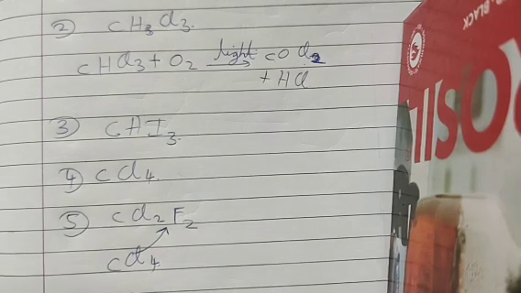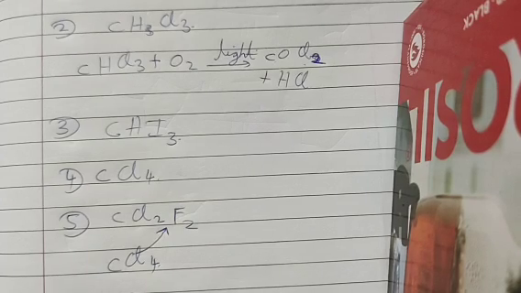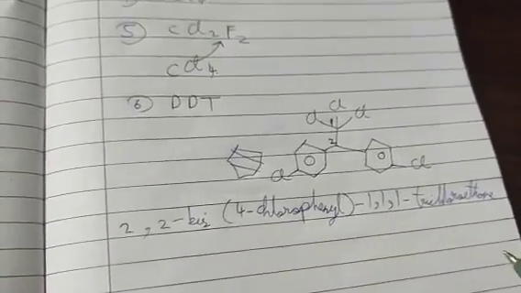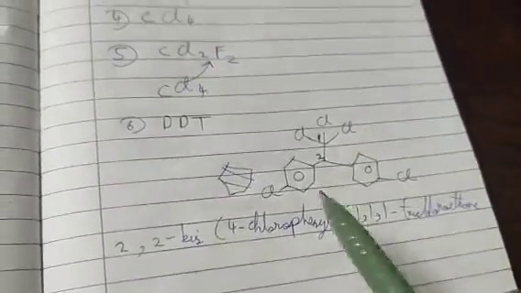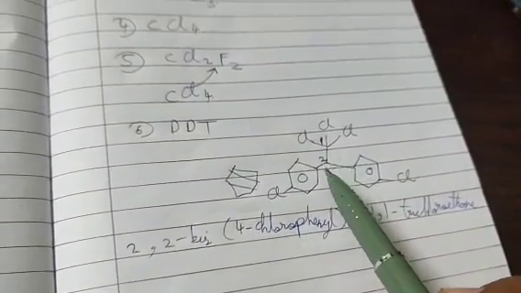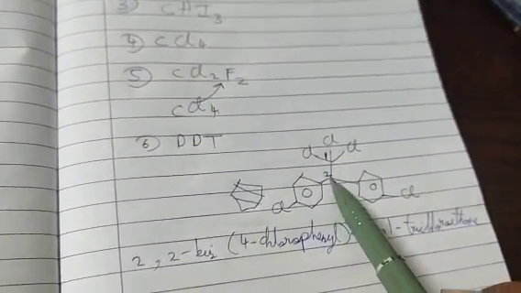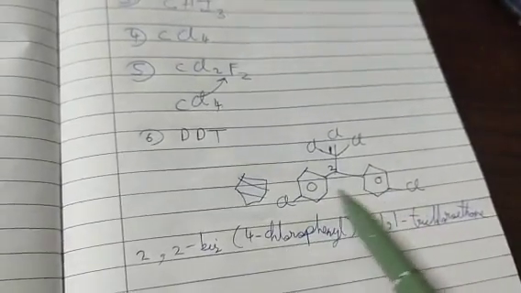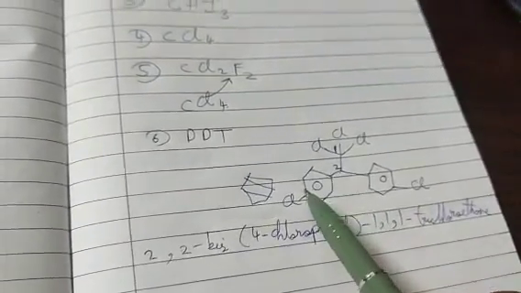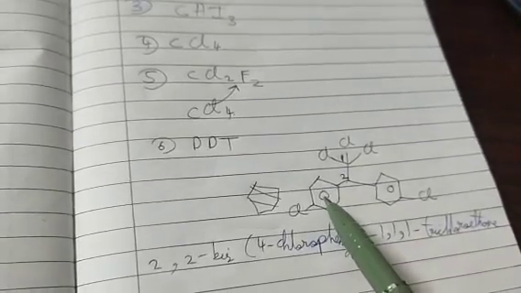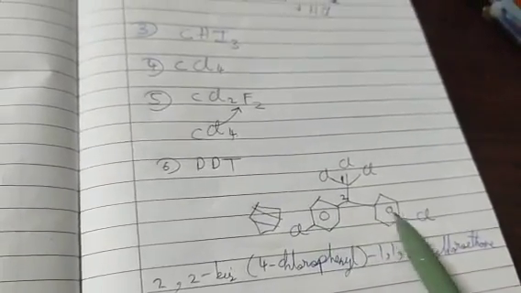Now we'll see the structure and the IUPAC name of DDT. This is ethane, 1 and 2, so 2,2-bis, meaning two are there, and in the bracket 4-chlorophenyl. It is bis because two are there.